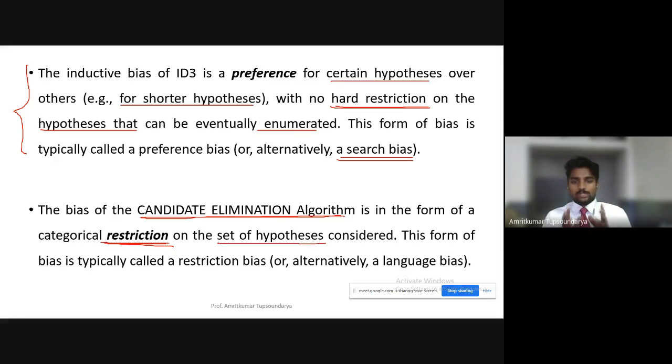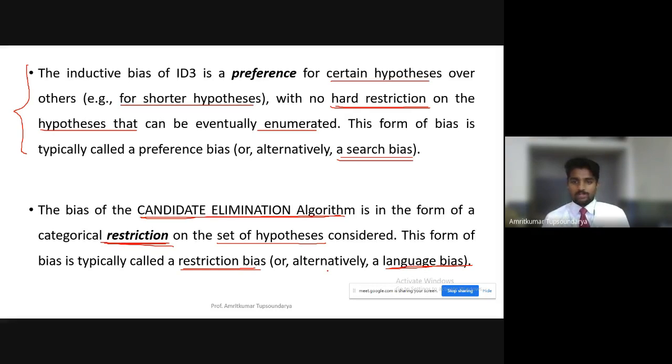This particular form of inductive bias, called a restriction bias, is also known as language bias, right? So if a question is asked in the examinations, say, please write a note on language bias, don't get bogged down by this term.